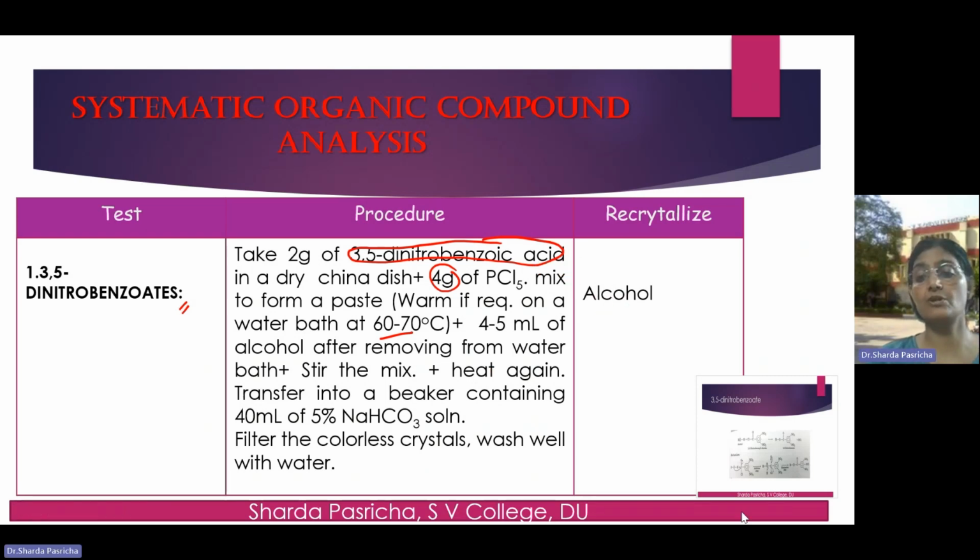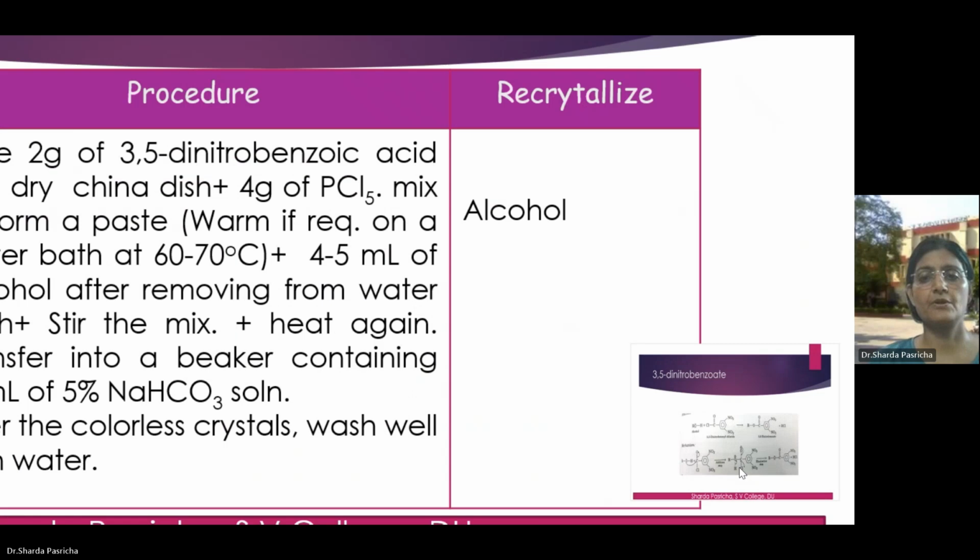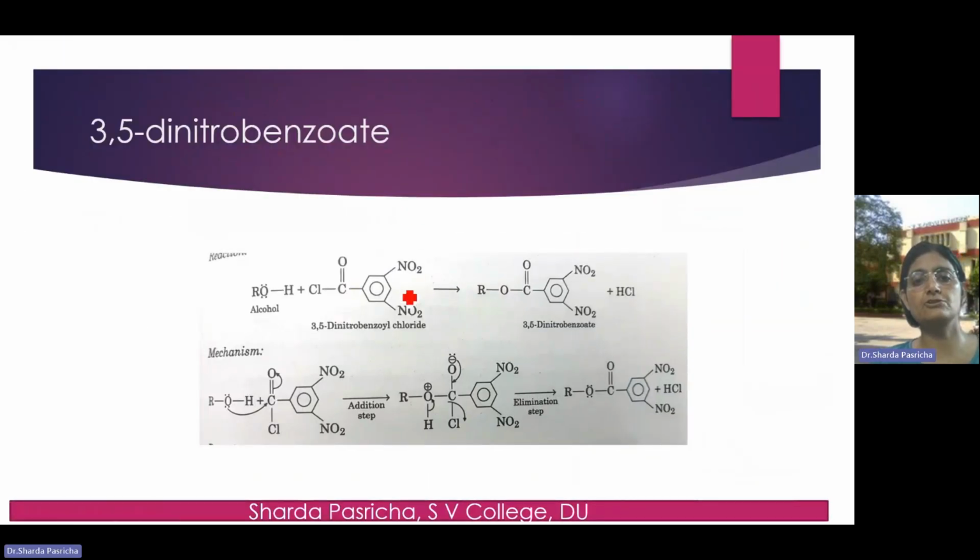Now let us see the chemistry of this test. When I take 3,5-dinitrobenzoyl chloride and react it with alcohol, I will get 3,5-dinitrobenzoate. These are esters, crystalline solids. And how did I make the 3,5-dinitrobenzoyl chloride?